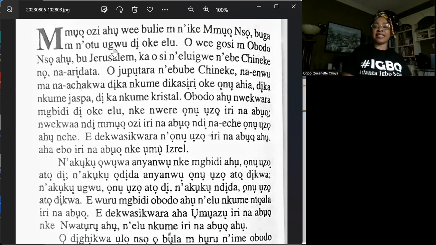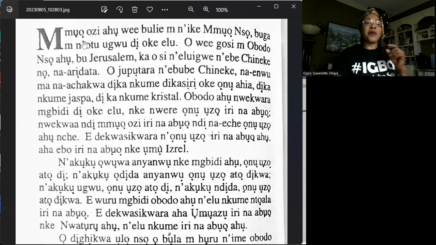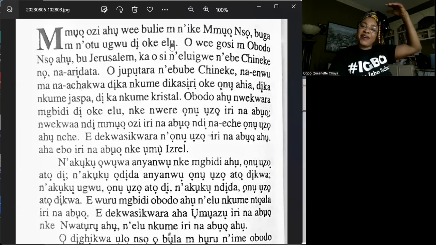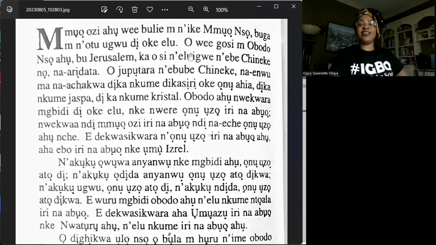When you're climbing the hill, you say anamari ugu. So you're climbing, okay? Bugam no to ugu di oke elu. See, is a mountain, very high, all right? Oh, where? Don't say oh. When you say oh here, it means there should be a dot underneath, but there's no dot.